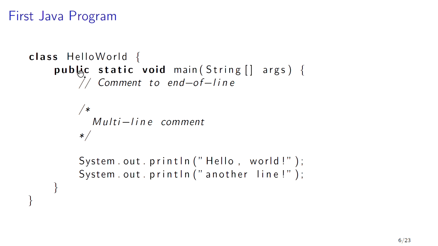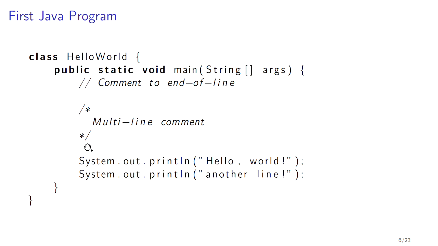We won't worry too much about it. We will come back and talk about those aspects in detail, but we're saying this is the main method, which is the starting point for my program in the HelloWorld class. The args is literally how I can pass parameters to my program, so an array of strings is passed in, but we will come back and talk all about that later in the semester.